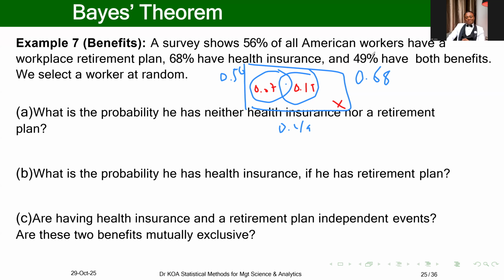I was going to ask the question. So if the universal set is 1, then you should be able to find the value of X. So do that. Add the 0.49 to the 0.19 plus 0.07 plus X equals 1, and find X.